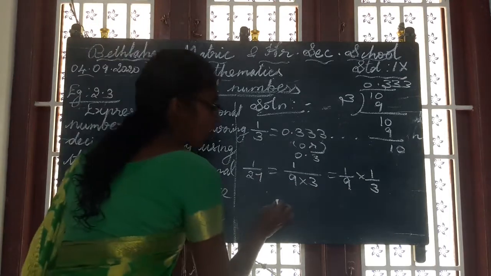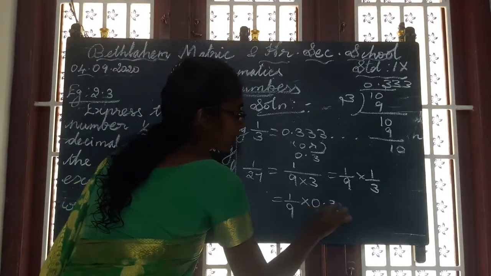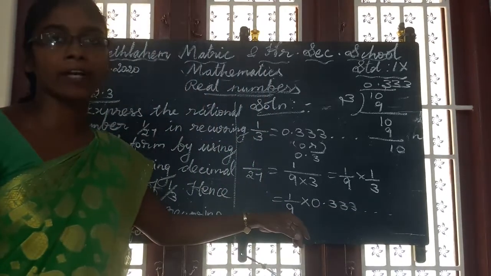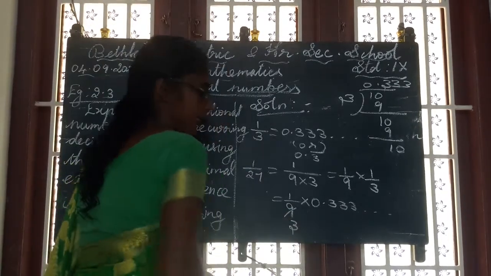When we are using that, what are we getting? 1 by 9 into 0.333 etc. When we are cancelling, 3 times 3 table we can cancel.